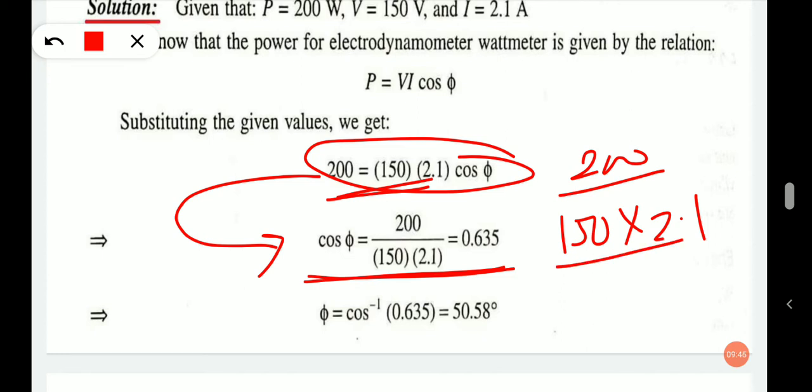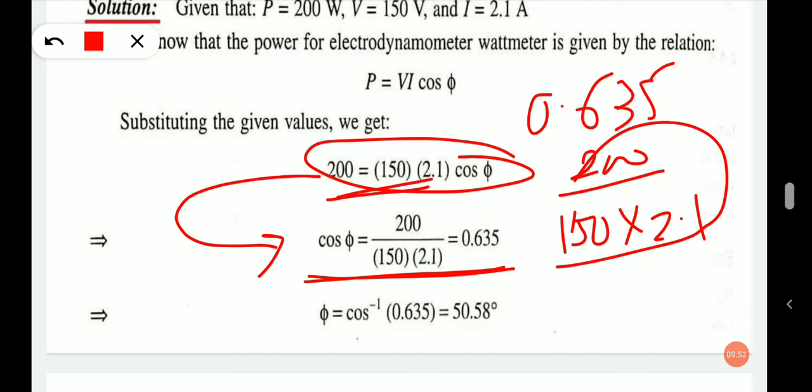If you calculate this, we will get cos phi as 0.635, and from that we can calculate the phase angle between voltage and current of the wattmeter.